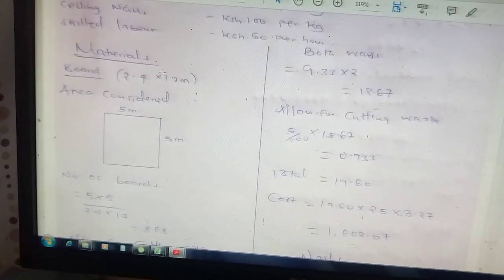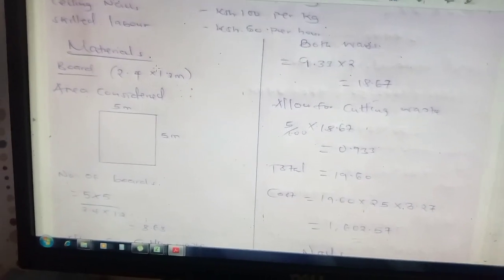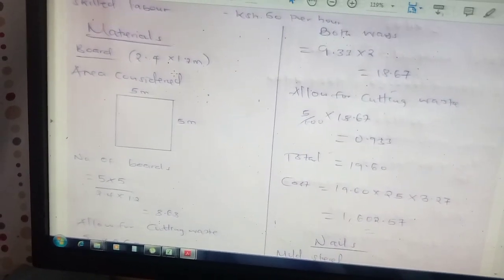When you want to get the number of boards, you take the area to be considered and divide by the area of the board. The area to be considered is 25 square meters. Then the area of the board is 2.4 by 1.2. If you divide that, you get 8.68.